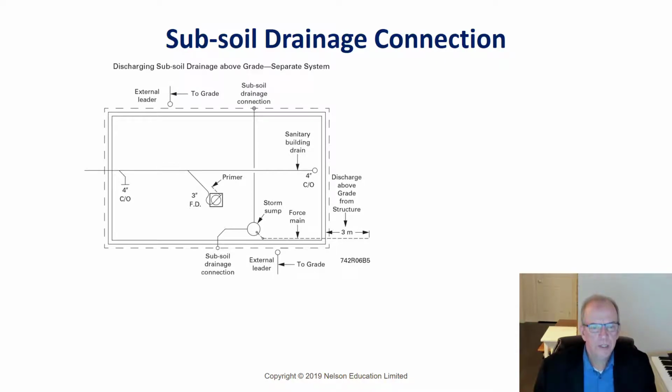We looked at a case study in a previous session where we talked about damp proofing a house from the inside, and we showed a sump pump. In this case here, when it says subsoil drainage connection, it's talking about a connection to the weeping tile.